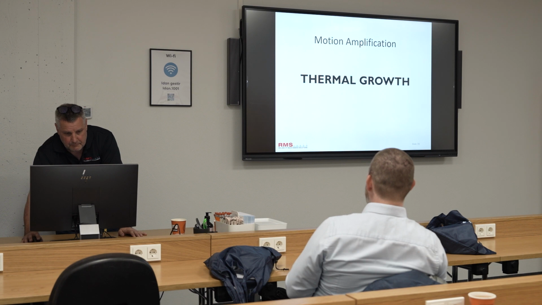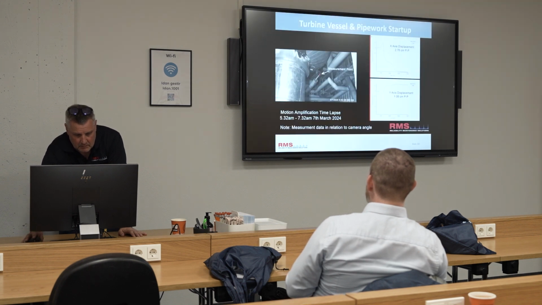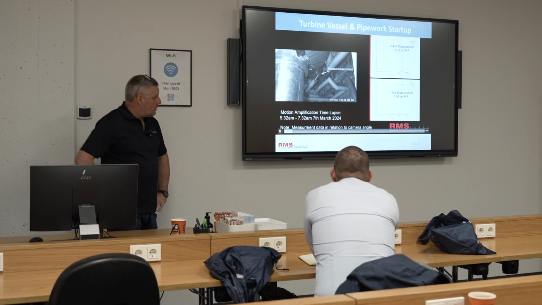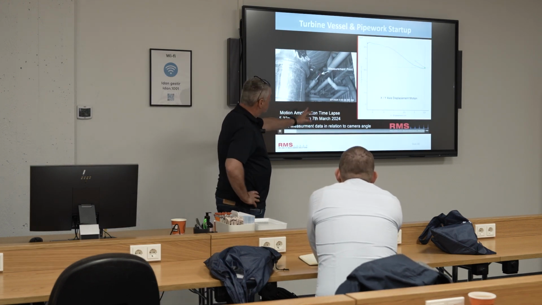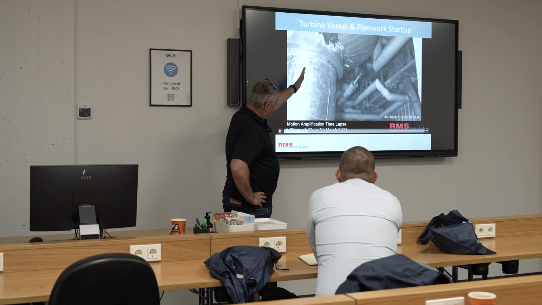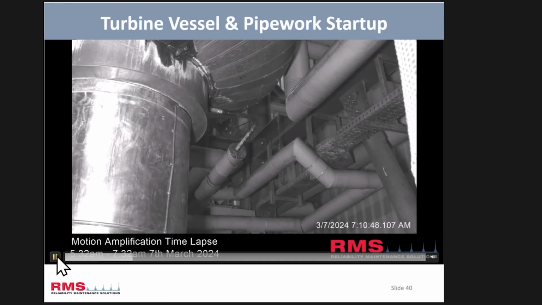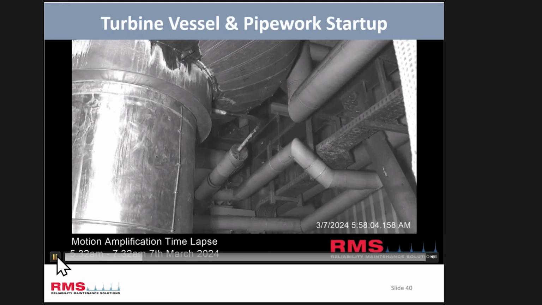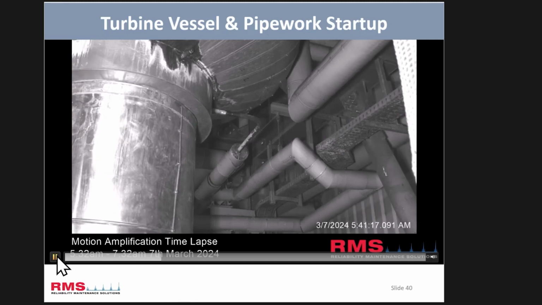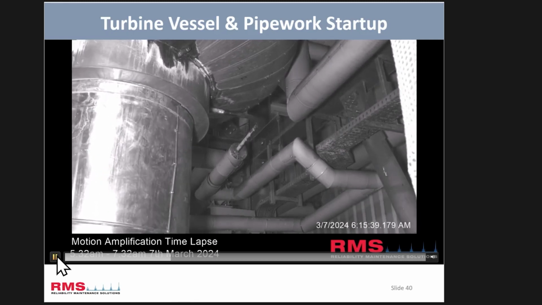So thermal growth. This is a situation where we were looking with the camera and we used the time-lapse function with it, where we could monitor something over a 2-hour period. So this is a turbine vessel that was starting up, and I can't remember if it was on the condensate side or what, but by using the time-lapse function in the camera, you can measure up to 2 hours, and we can see how much movement went with thermal growth of this vessel.